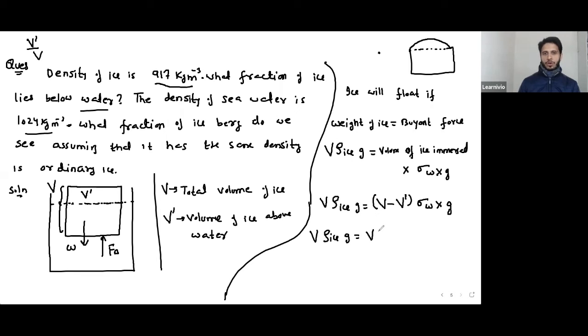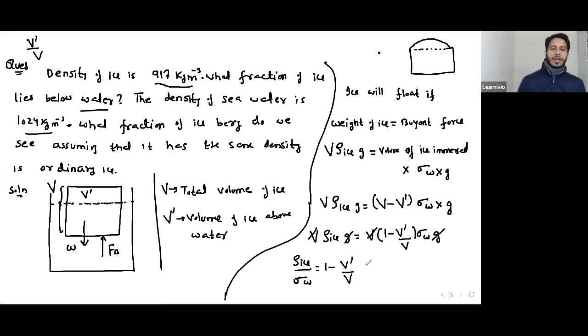When I take V as common, this is 1 minus V prime by V multiplied by the density of water into G. This G will cancel this G. This V will cancel this V. So density of ice divided by density of water is 1 minus V prime by V.